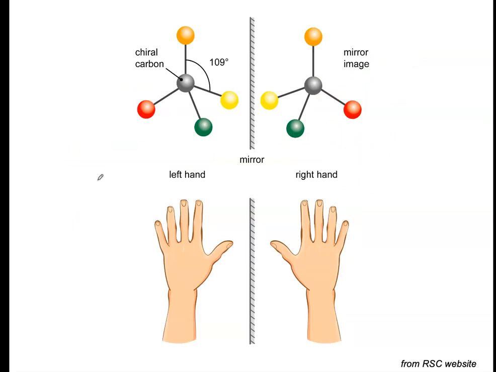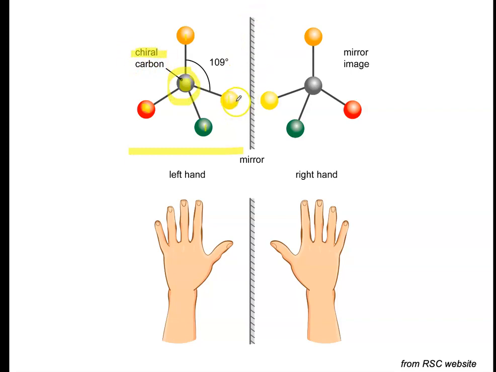Okay, if you look at the top diagram, you've got a carbon that has 1, 2, 3, 4 different groups of atoms attached. We call this carbon chiral, C-H-I-R-A-L.